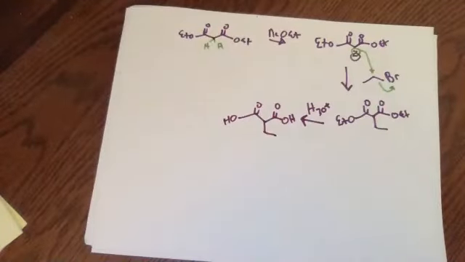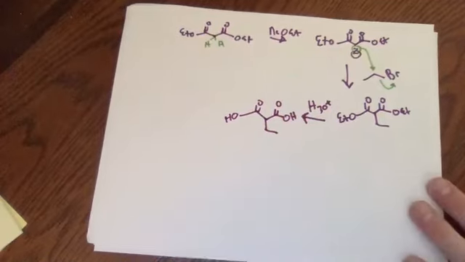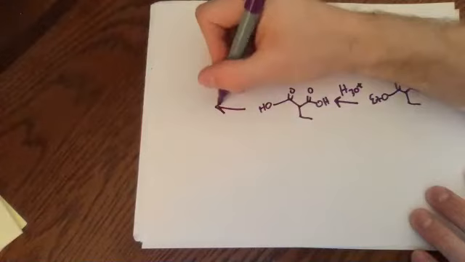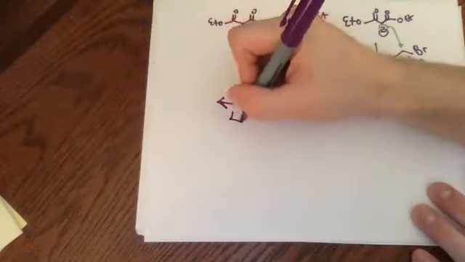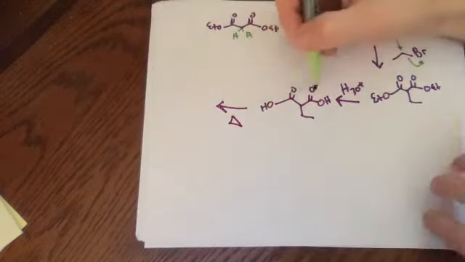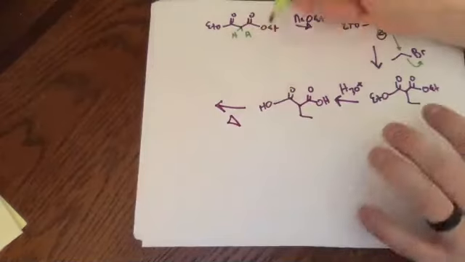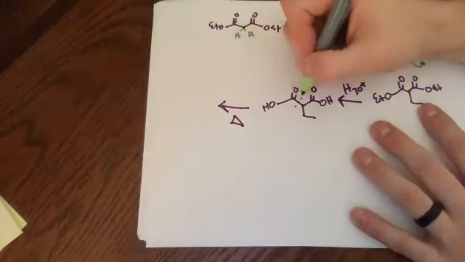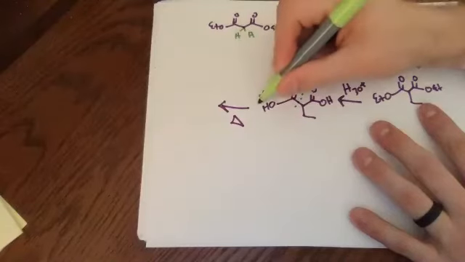And then from this point, we're going to do what's called a decarboxylation, which is where you add in heat. And I'm not really going to talk about specifically what happens, but basically we're going to lose one of these carboxylates. It's going to turn into CO2. So I'm going to do the one on the left. It's symmetrical.